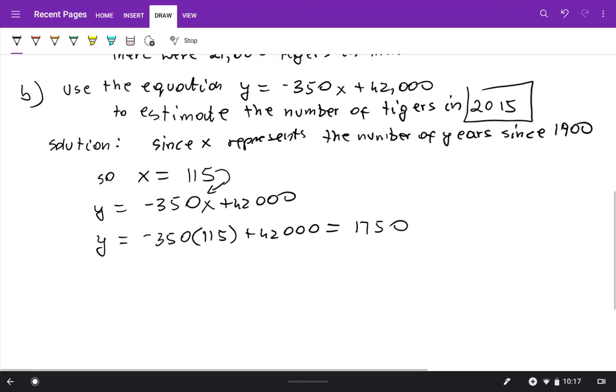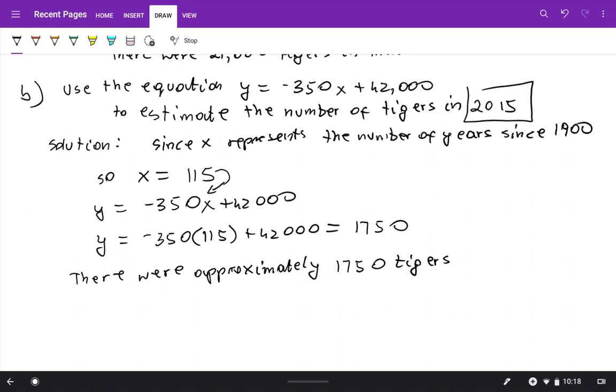Okay, so there were approximately 1,750 tigers left in 2015. Okay, so I'm not saying that's the information that was being checked. We're just using the problem.